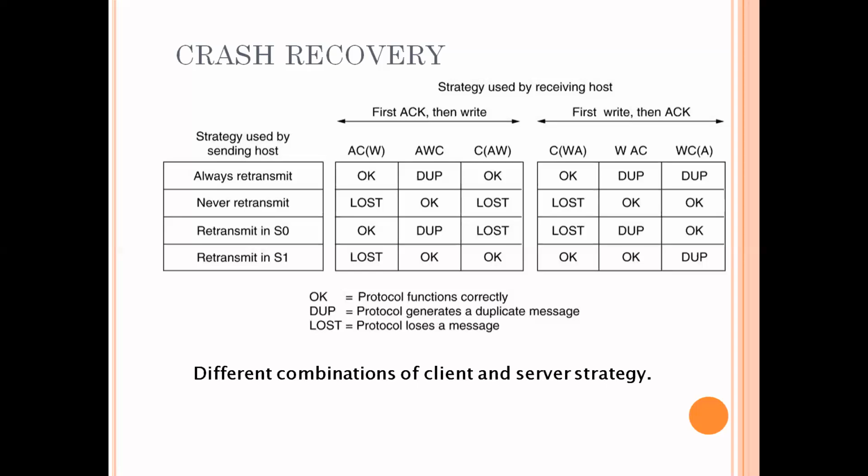The strategy used by the sending host is always retransmit, which is shown here in the figure. The client can be programmed in 4 ways: always retransmit, never retransmit, retransmit in S0, and retransmit in S1.